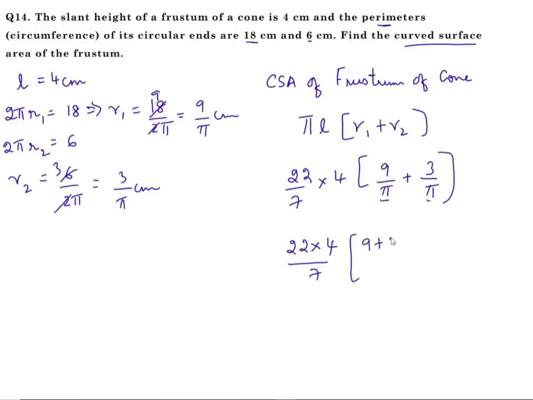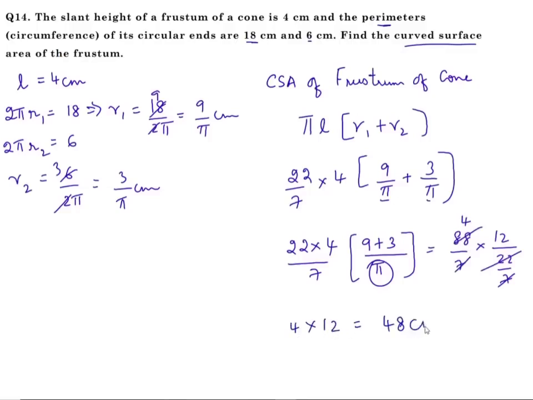That is 9 plus 3 by pi. 22 into 4 is 88 by 7 into 9 plus 3 is 12 divided by, now substitute the value of pi, that is 22 by 7. This 7 and this 7 will cancel. Now what do I get? 22 ones are 22, 22 fours are 88, so now what you get is 4 into 12. 12 fours are 48. Therefore the CSA of frustum of cone is 48 square centimeter.